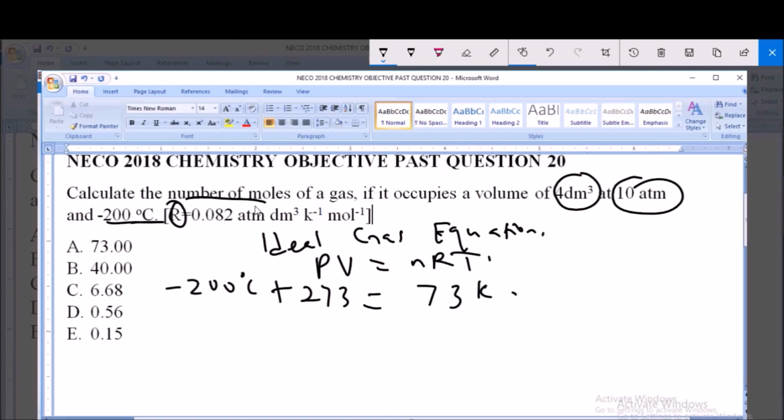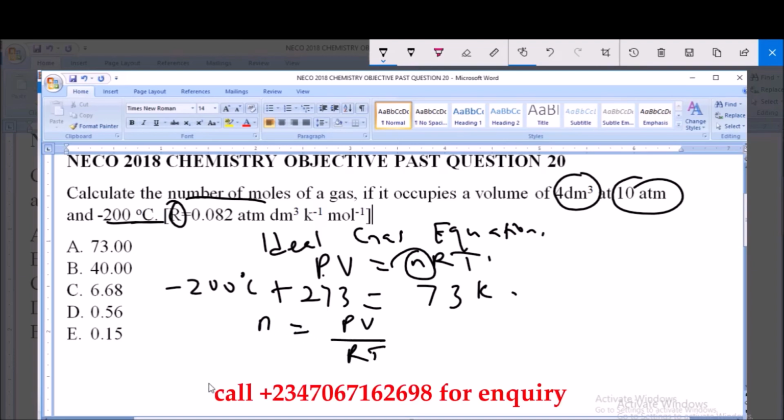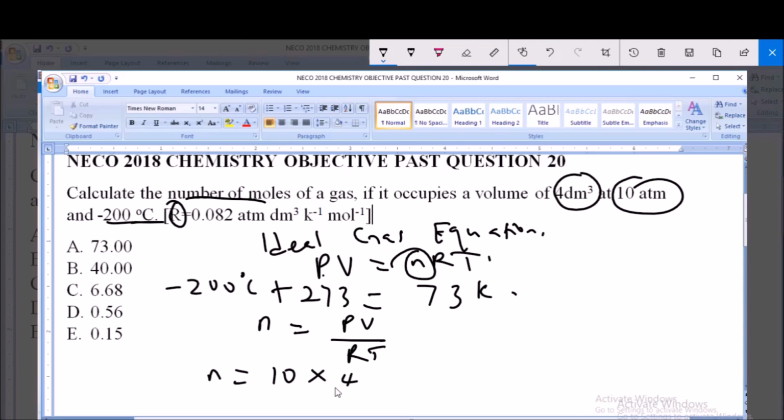We are looking for the number of moles, n, and we are given the other variables. Making n the subject of the formula, n is equal to PV over RT. Substituting each value: P, pressure, is 10 atm, times V, volume, 4 dm cube, over R, our constant, 0.082, times T, our temperature in Kelvin, 73 Kelvin.